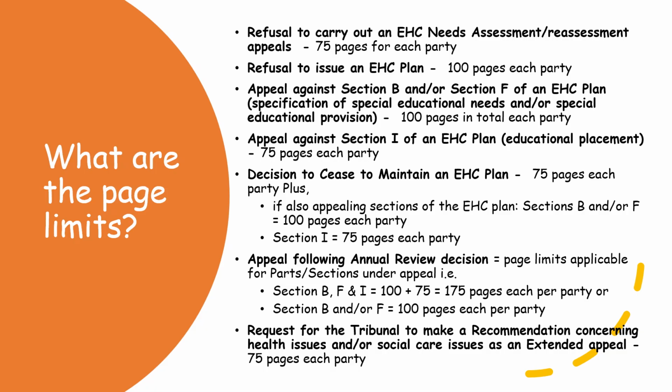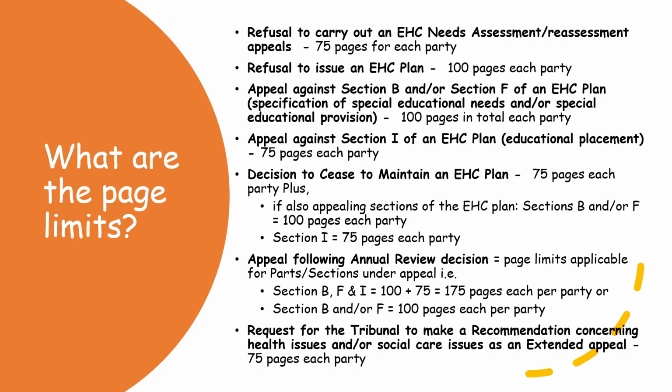Appeal against Section I of an EHC plan, which is the placement, is 75 pages for each party. A decision to cease to maintain an EHC plan is 75 pages, plus if you're also appealing sections of the EHC plan in this type of appeal, for example Sections B and or Section F, then it's 100 pages for each party and Section I is 75 pages for each party.